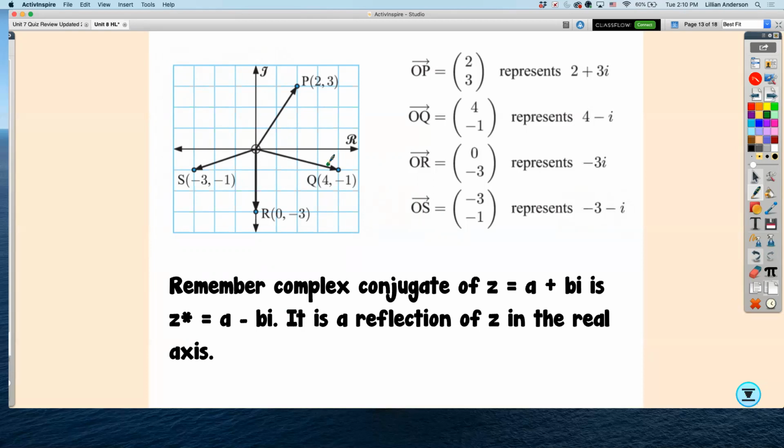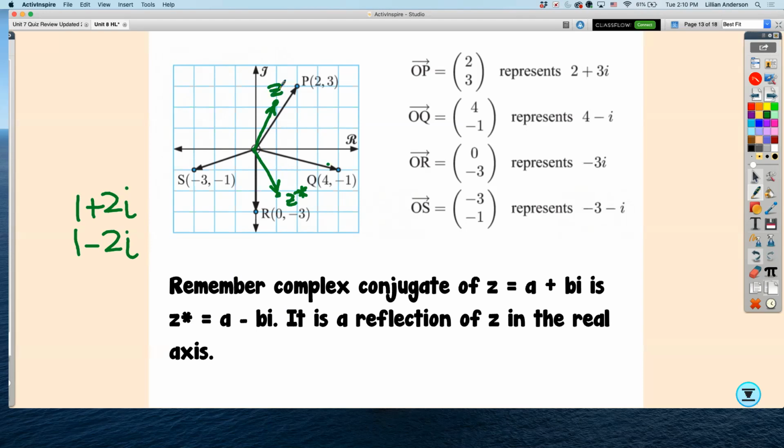One thing you need to realize is that the complex conjugate is a reflection over the real axis, because if I have 1 plus 2i, its conjugate would be 1 minus 2i. So that would exist here for the original, then here for its conjugate.